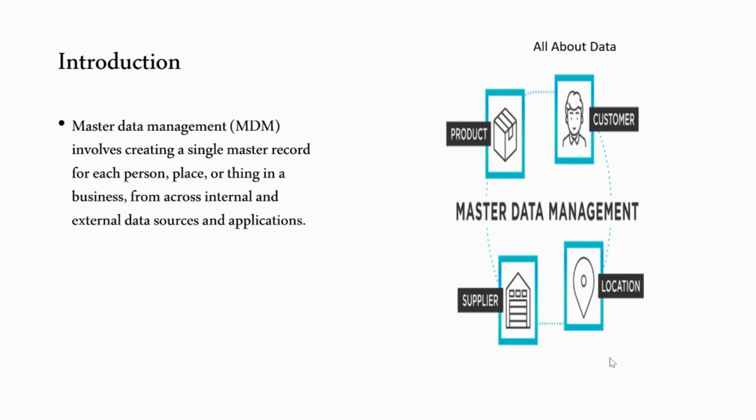Only that record gets stored in the master database, resulting in one record per customer. So there will not be n number of records, only one record of high quality on which we can trust. That is the main function of master data management.